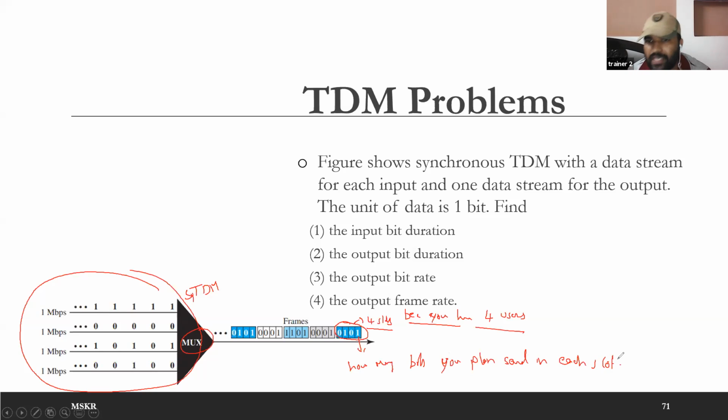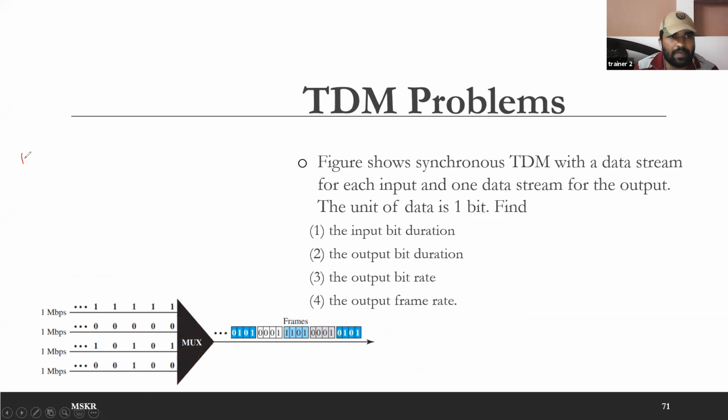This is very important. So if you know this answer, then you can easily solve the question. So as you can see from this particular problem, the number of slots is equal to 4. The number of bits in each slot is equal to 1.